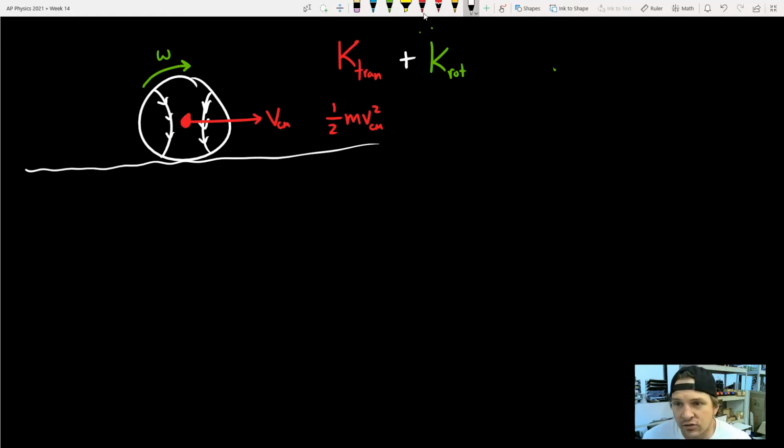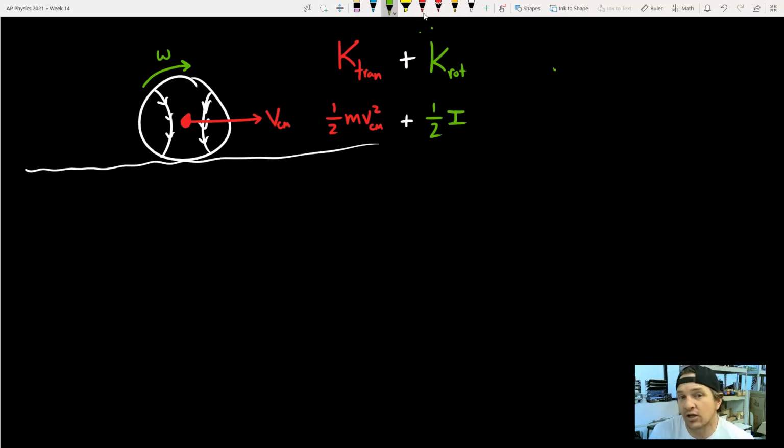Now this is a little bit of a new formula, but similar, right? It's still 1/2. Remember, when we talk about rotation, mass is not necessarily as important anymore. It's how that mass is distributed, and we call that rotational inertia, and we represent it with a capital I. If you don't know what that is, I would watch some of the previous videos.